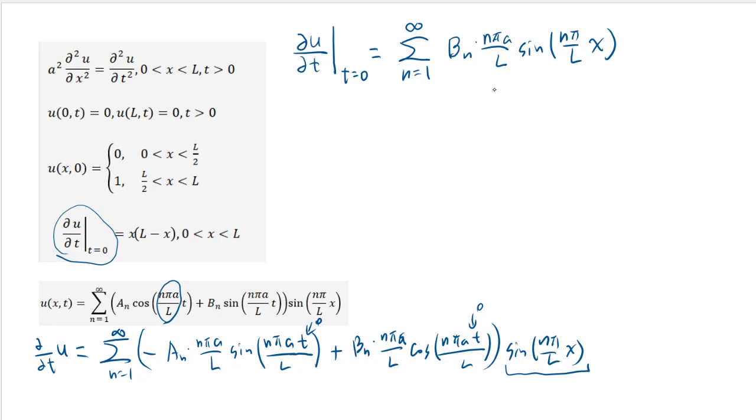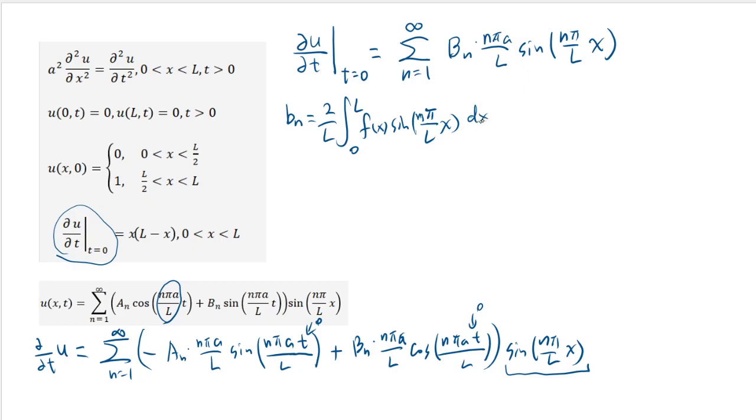Okay, so this time what we end up with is another sine series. It's again the sine series, but here's a catch. See, we had the bn as the formula 2 over L integral of 0 to L of f of x sine n pi over L x.